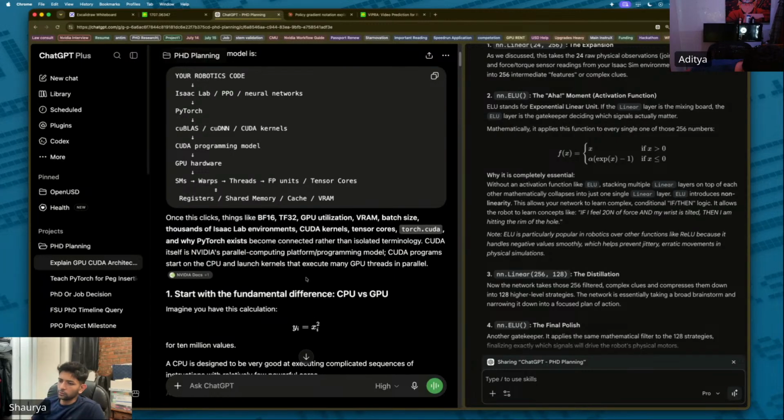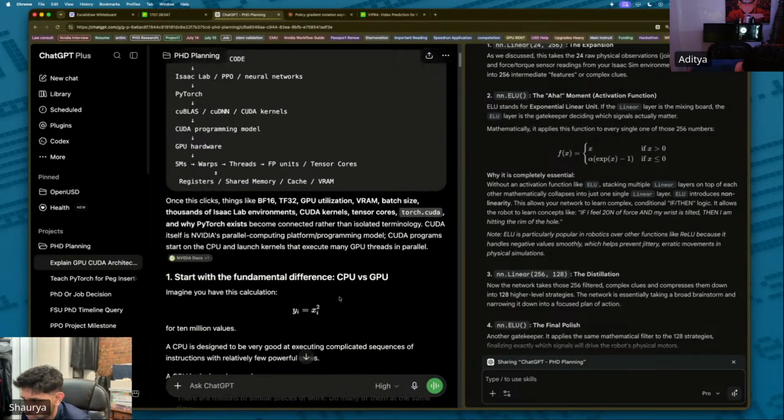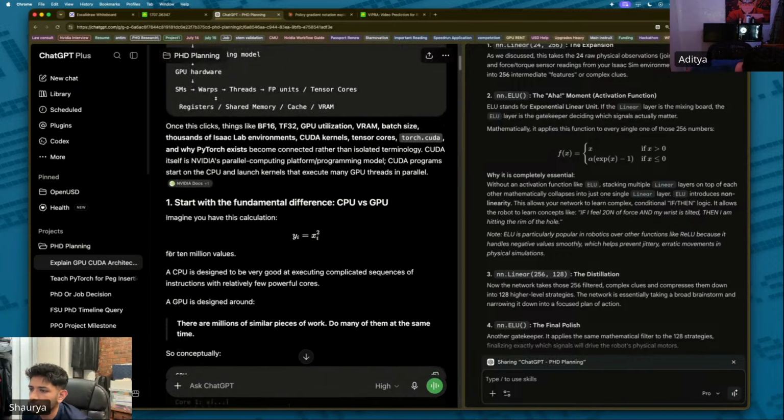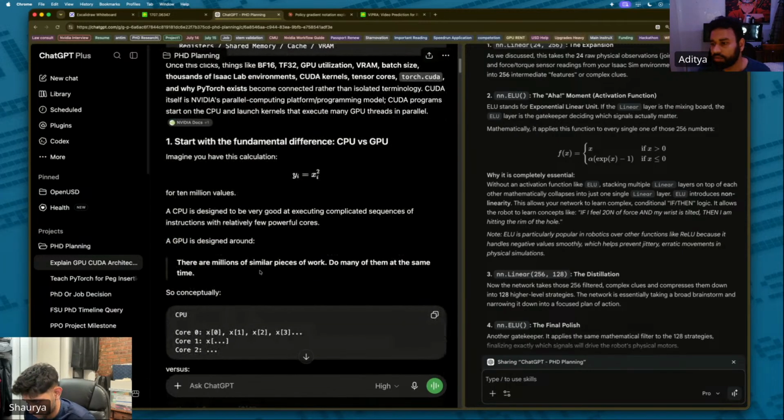So, okay, start with the fundamental difference: CPU versus GPU. Imagine you have this calculation, y_i equals x_i to the power of i, for 10 million values. A CPU is designed to be very good at executing complex sequences of instructions with relatively few powerful cores. A GPU handles a million similar pieces of work by doing many of them at the same time.